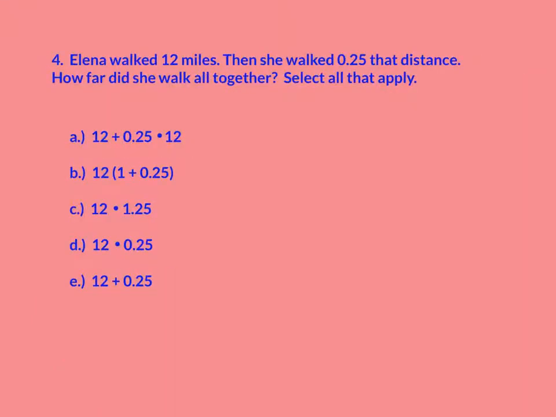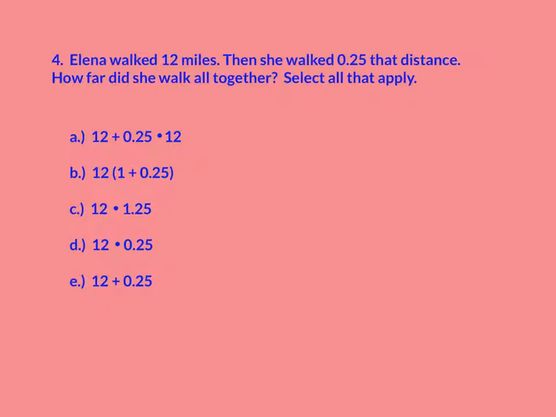Next, Elena walks 12 miles. She then walked 0.25 or 25 hundredths of that distance. How far did she walk altogether? Select all that apply. Okay, so if I look at this, at this point, I just want to kind of ignore my choices for the moment and think about what I'm going to do here.